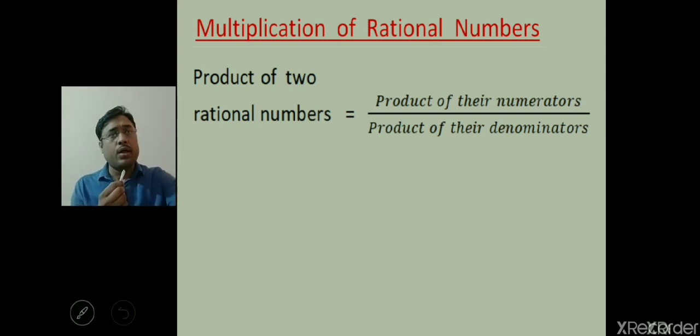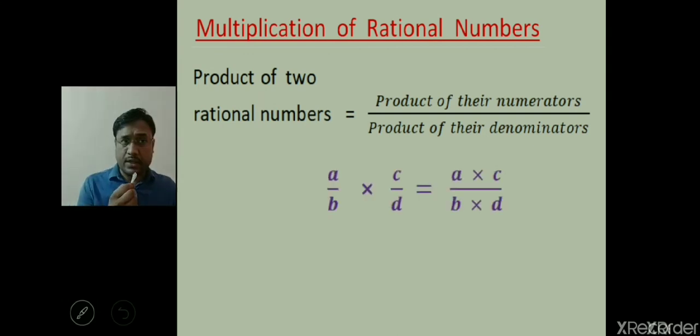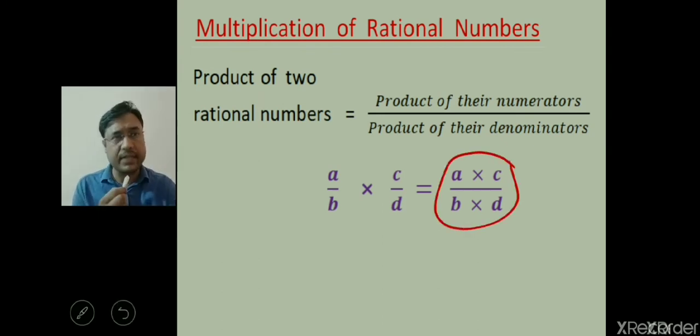So when the rational numbers are a by b and c by d, when you multiply a by b into c by d, then the result is a into c by b into d. The numerators a and c will multiply, and that you will write, and downside the denominators b and d will multiply. So the result is a into c by b into d here.